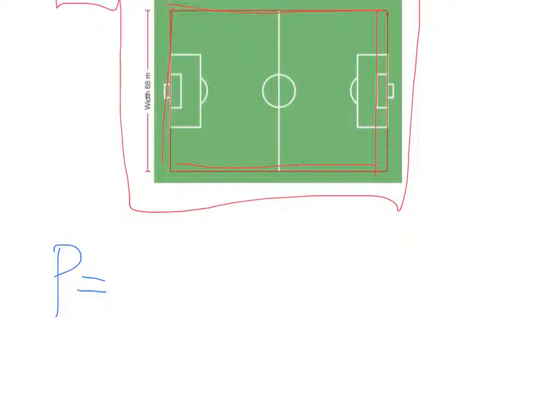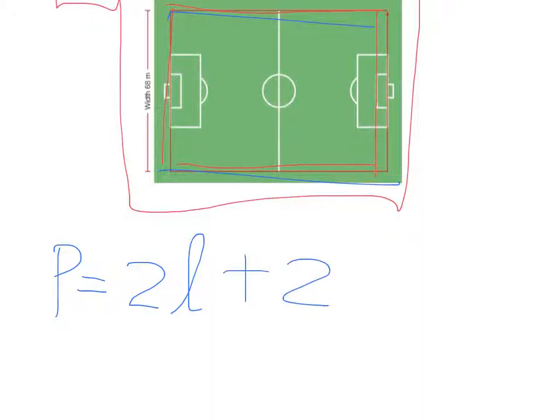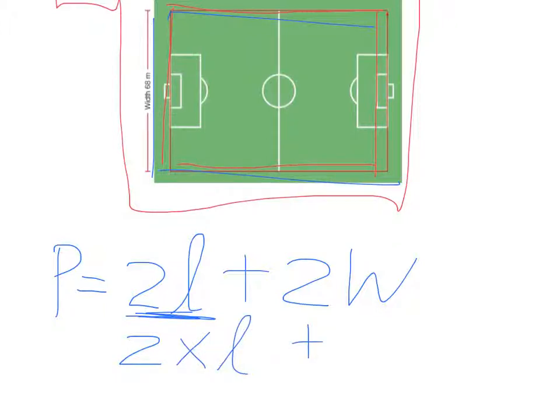So you could either say perimeter equals 2L, which would be my lengths, which is the long ones, plus 2W. And you know that in algebra, when numbers are pushed right together, it actually means 2 times L plus 2 times W.